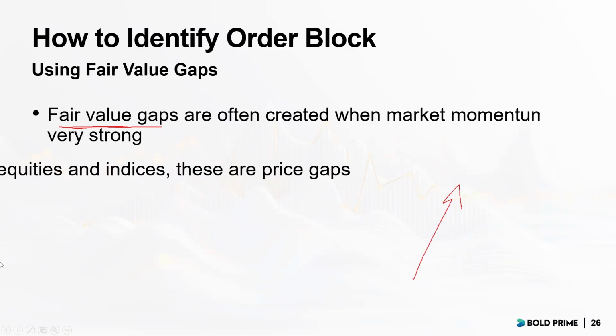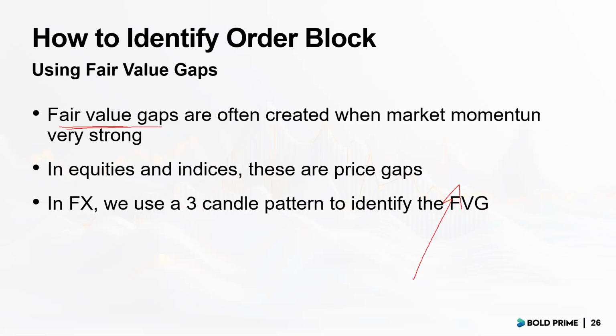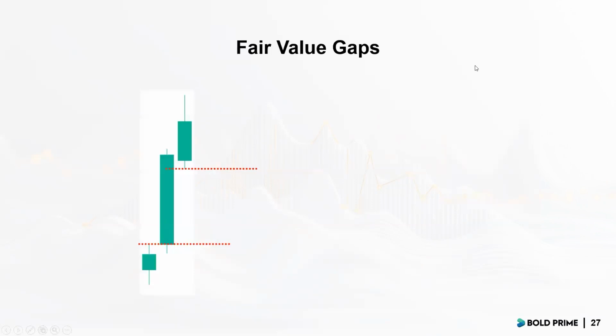In equities and indices, your price gaps are essentially fair value gaps. But in the FX market, because most of the time we don't see a gap, we utilize a 3-candle pattern to identify FVG.